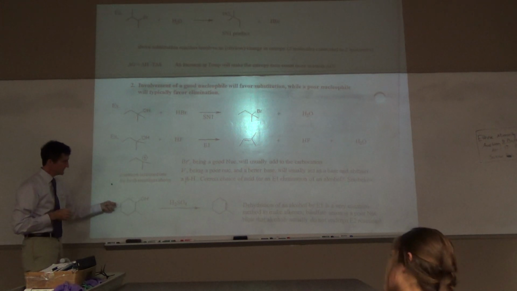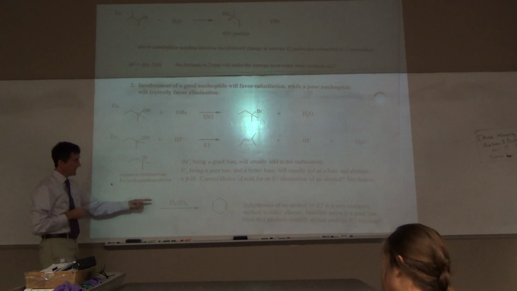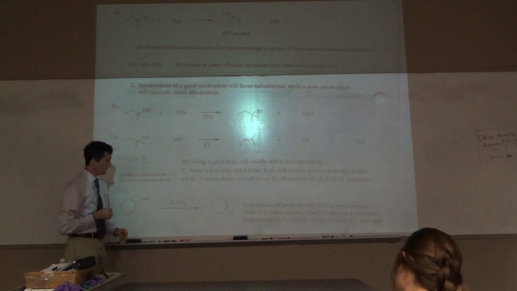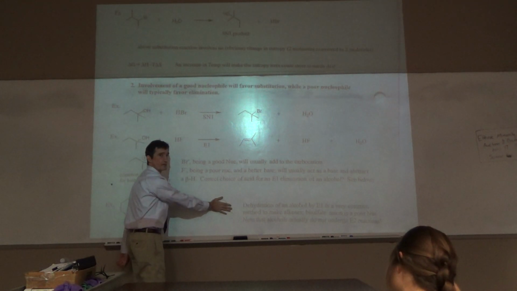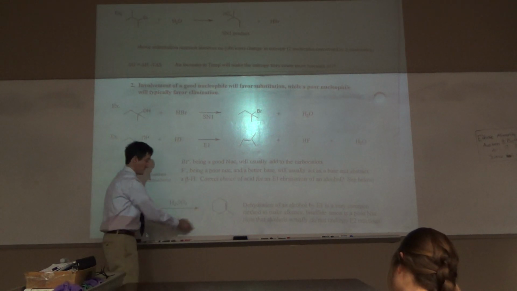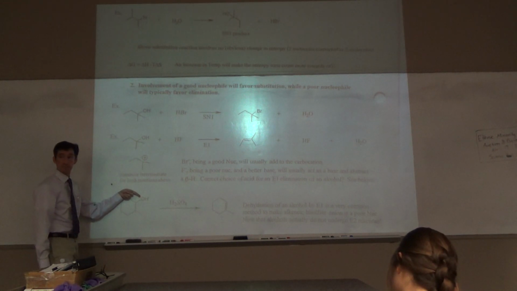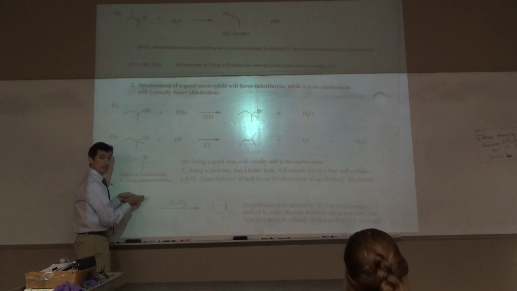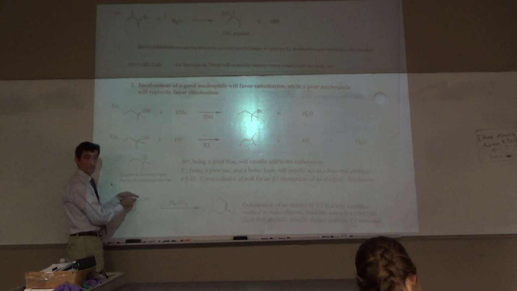Another example of this. If you take this alcohol here and treat it with sulfuric acid, what's going to be the product? This is not shown. You've got to show the product. Well, you've got a leaving group. Potentially, protonate the leaving group, make it protonated oxygen.